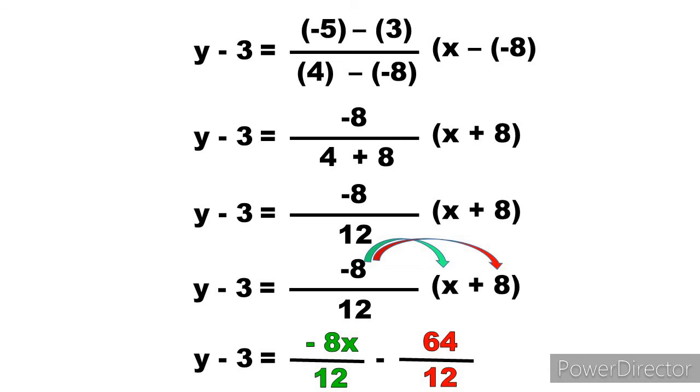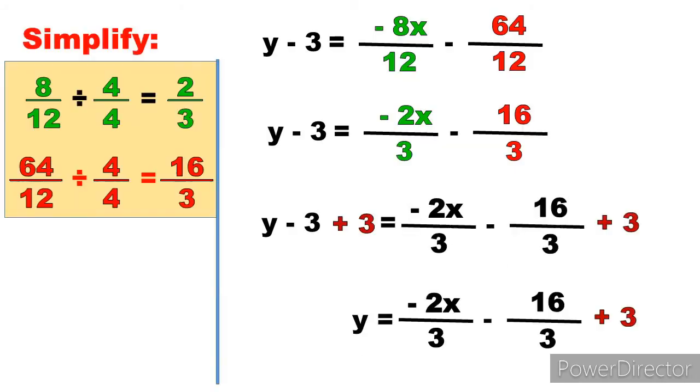So, pag nagmumultiply tayo ng fraction, minumultiply natin yung numerator sa numerator, denominator sa denominator. Since negative 8, imumultiply natin sa 8, the answer is negative 64. Since ang denominator ng whole number is 1, so ang denominator ng 8 is 1. So, 12 times 1 is 12. Okay, next step is to simplify.